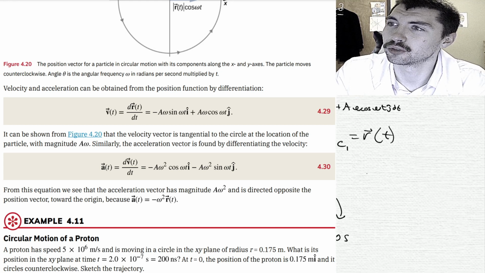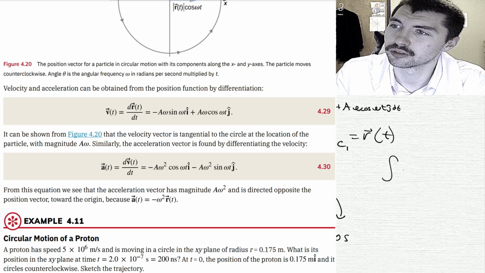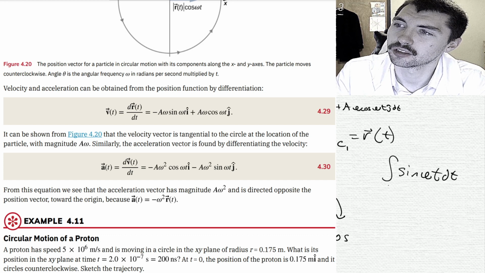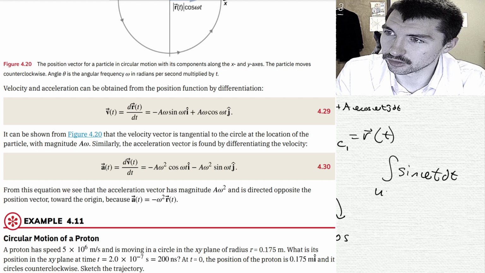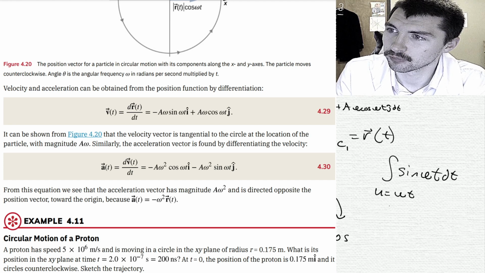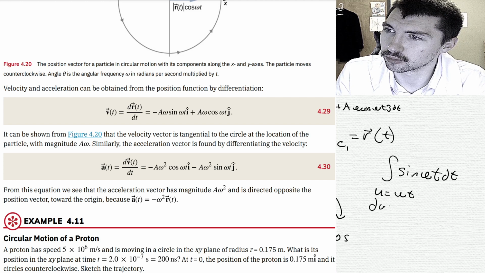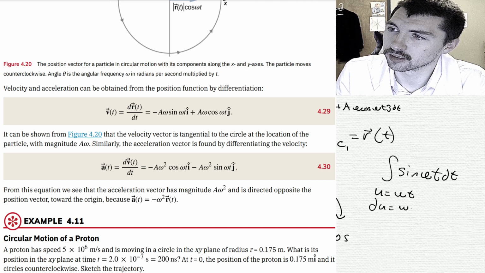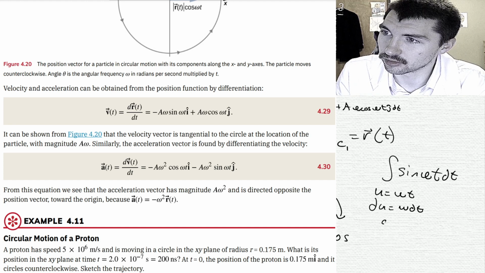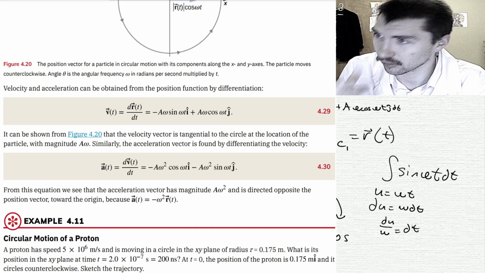So we would have to do the integral. Let's say we're doing the integral of sine omega t. Okay, so we'll have to do a substitution. u is omega t, so du equals omega dt. So it'd be du over omega equals dt.